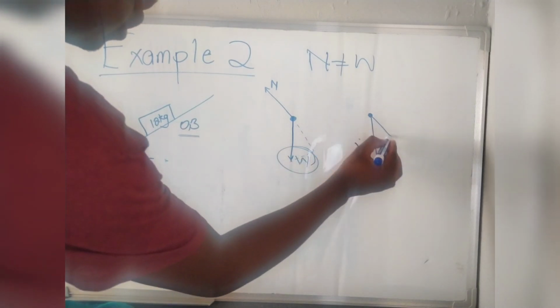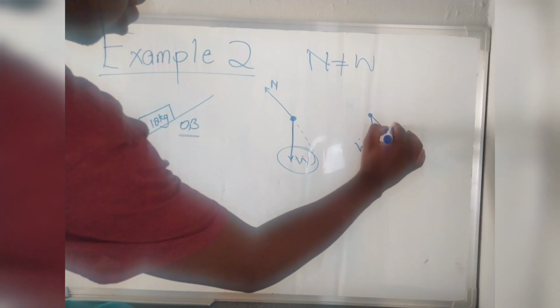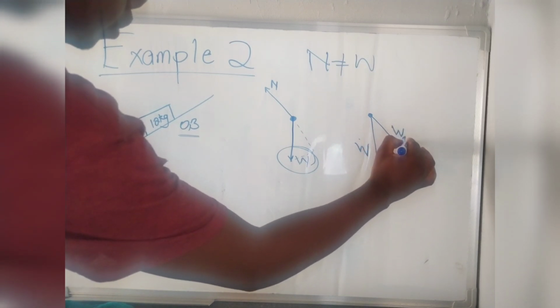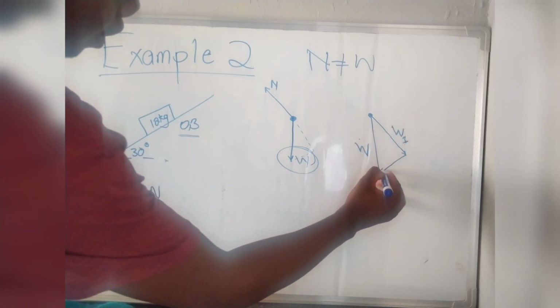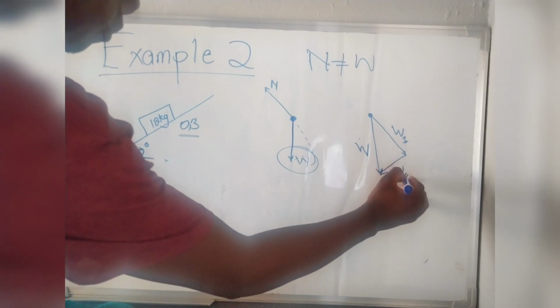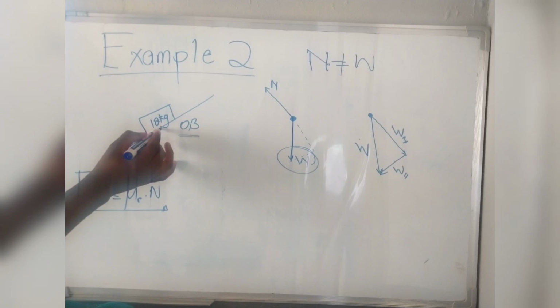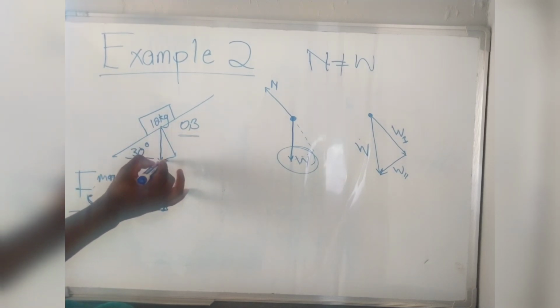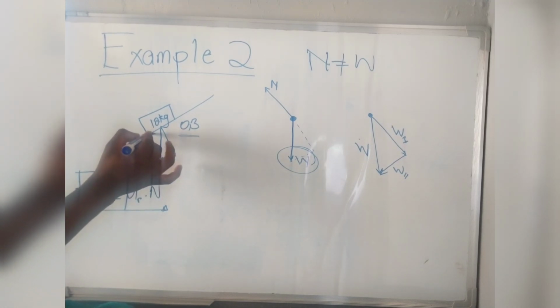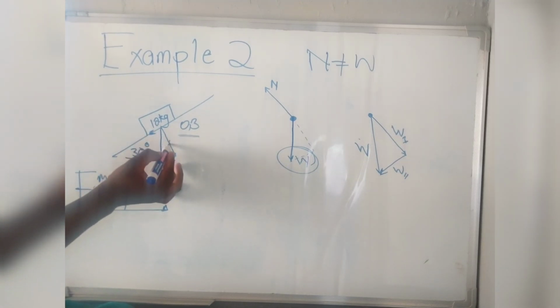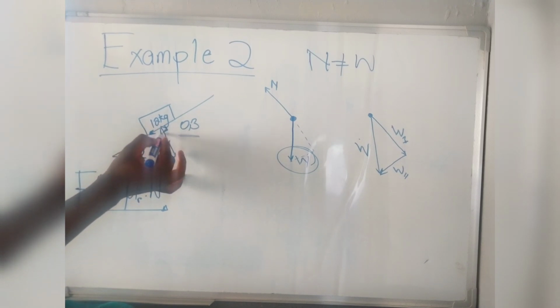So we're going to have a component like this, which we're going to call the perpendicular component of the weight, and a component like this, which we're going to call the parallel component of the weight. What is it parallel to, if you may ask? This component is parallel to the slope, and this component is perpendicular to the slope.